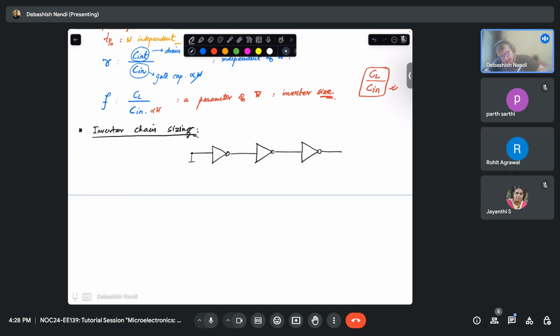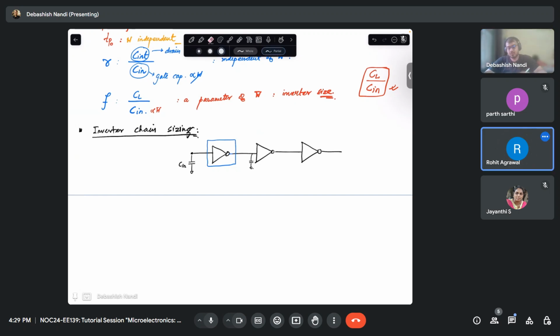So there will be a stage to this. Can you tell me what is the load for this? What is the load to this stage? The load to this stage is the input to this, right?